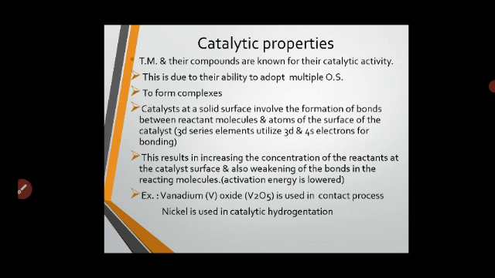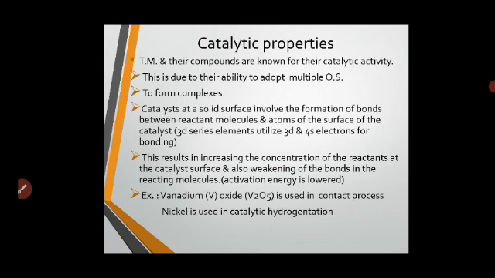Nowadays, instead of molybdenum we can use potassium oxide and aluminium oxide as a promoter, but iron can be used as a catalyst. Then in the hydrogenation of oils, which gives fats, that is dalda, nickel is used as a catalyst. In many reactions in which hydrogenation is carried out, even platinum is used as a catalyst.